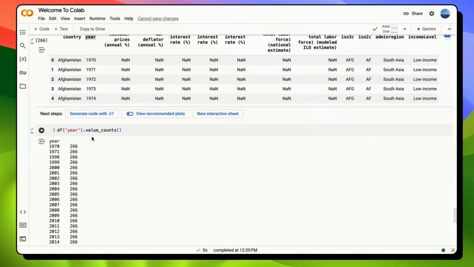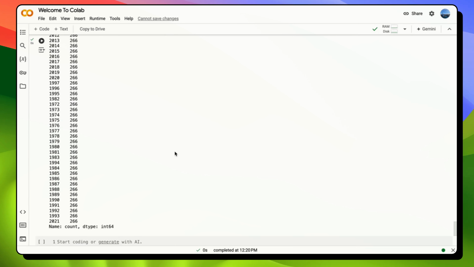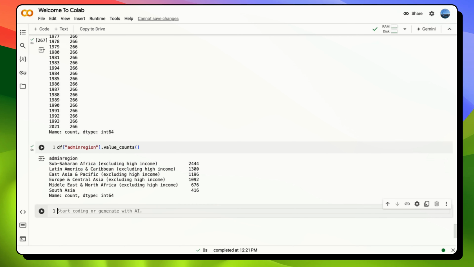So I was trying to, so a year has been repeated 266 times. What does it mean? It does not mean anything for the time being. Okay.